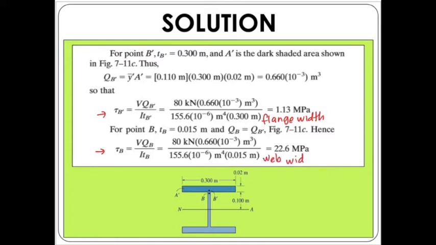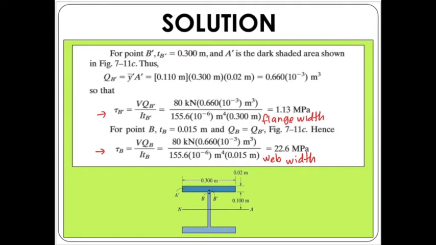So the calculation here will be slightly different. Only that we can see that the values of the shear forces are similar, as well as the value of Q. So the Q values for both cases are the same, where we are going to consider the area A prime.